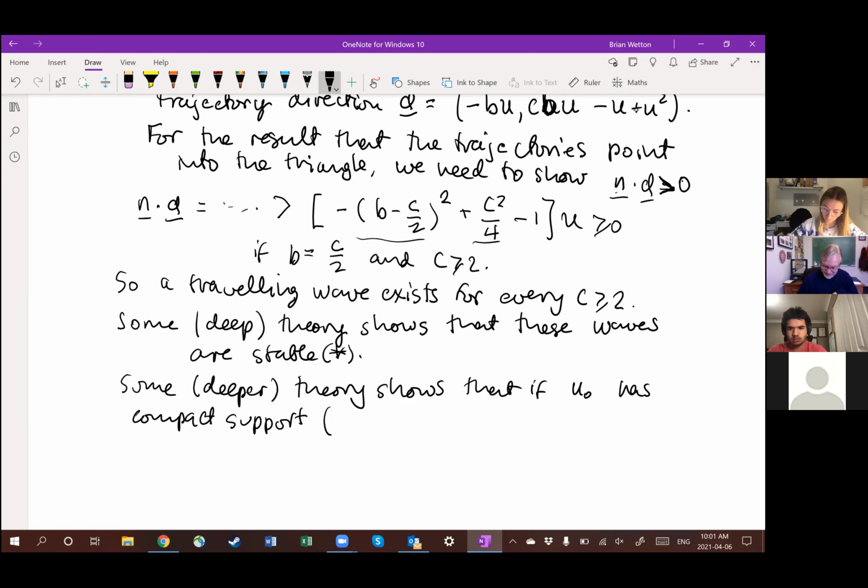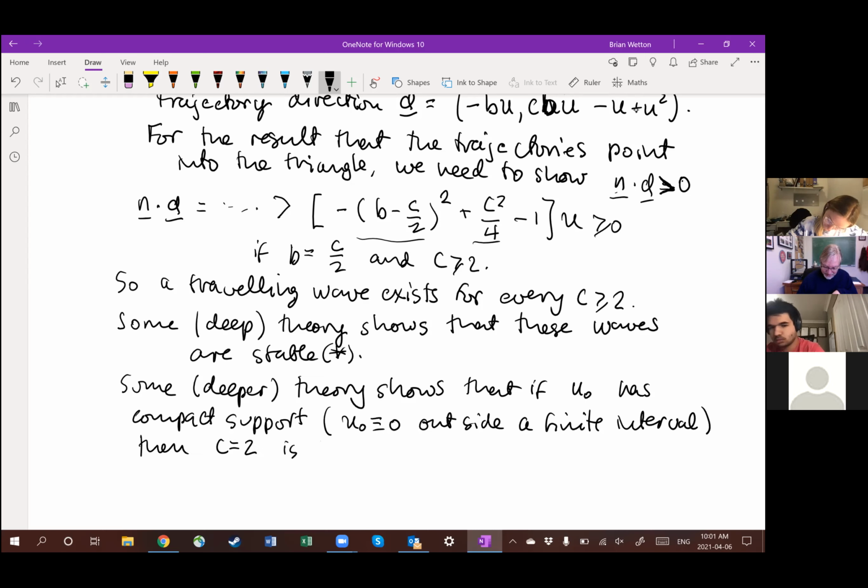That is that u0 is 0 outside a finite interval. Then c equals 2 is the wave that results.